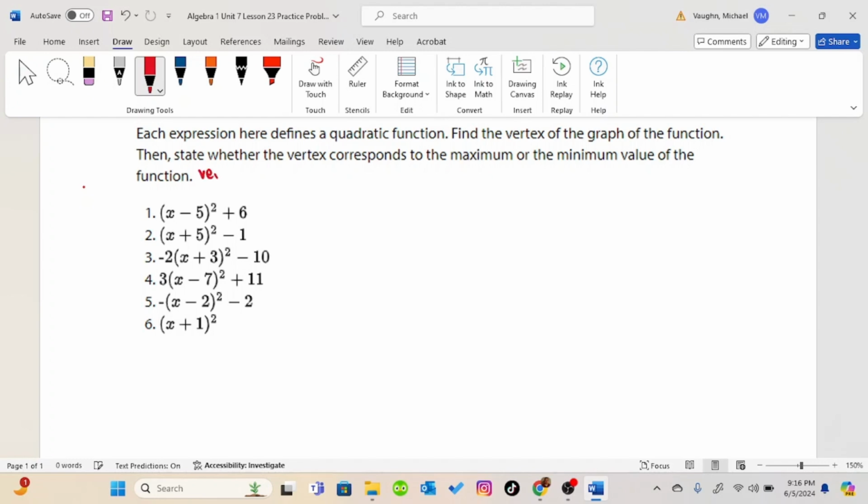So, vertex form: a times x minus h squared plus k. Vertex is h, k.